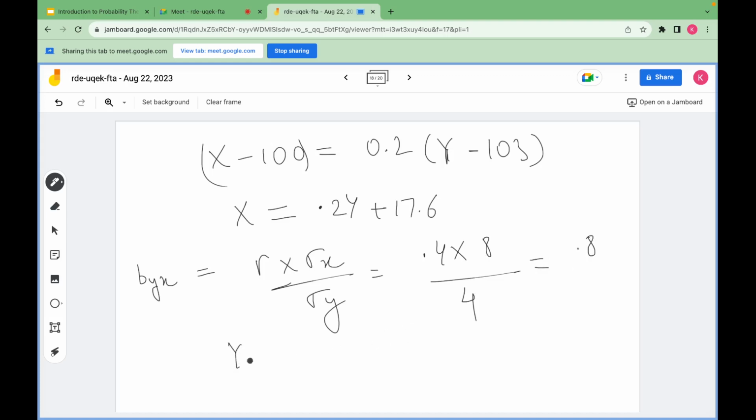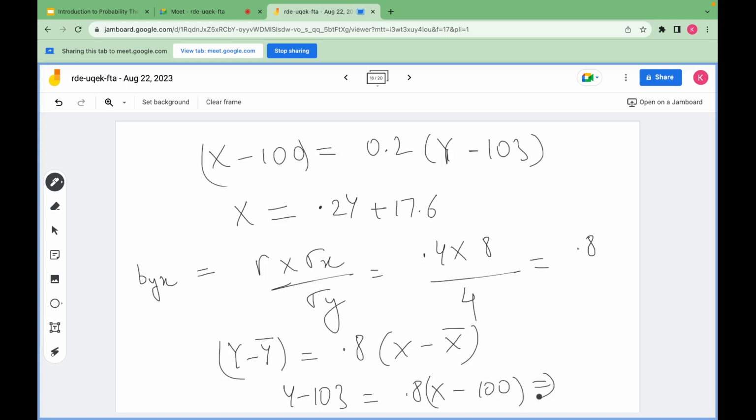Now y minus y bar is equal to 0.8 into x minus x bar. Y minus 103 is equal to 0.8 into x minus 100. So from here, just a minute.